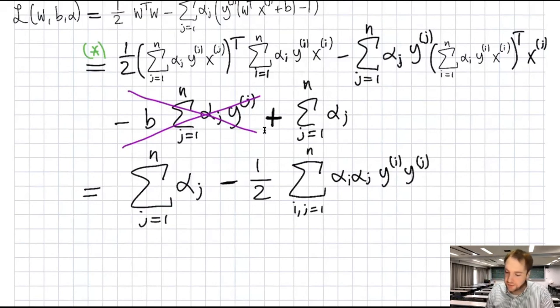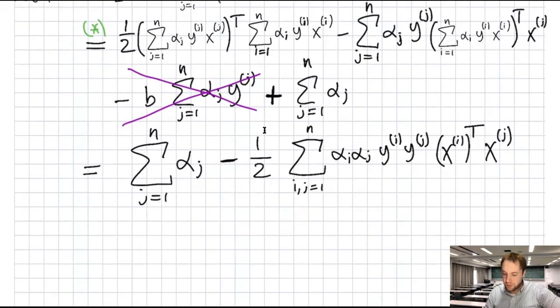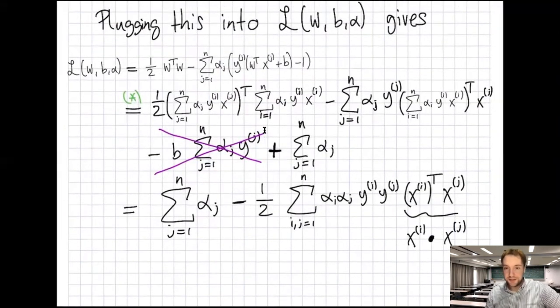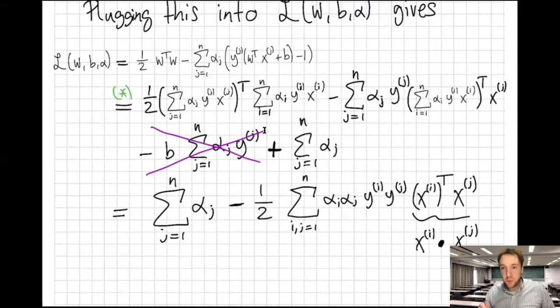And in the end, I have the product of x_i transposed times x_j. Or in other words, what I have here is x_i, the dot product with x_j. Okay, and this is the goal where I wanted to go.